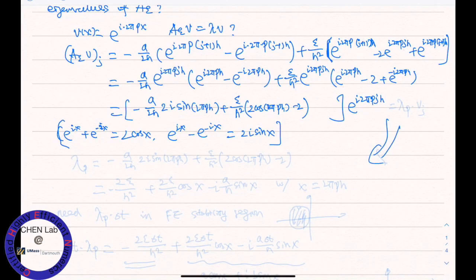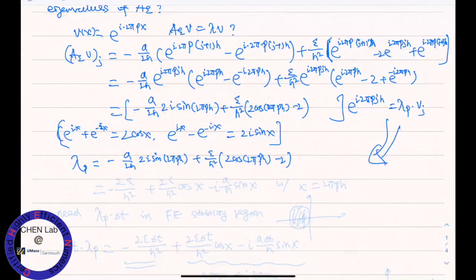So what we had above showed that this lambda p is actually equal to lambda p times v at j, all right, v at j. So lambda p is negative a over 2h times 2i sine 2 pi ph plus epsilon over h squared times 2 cosine 2 pi ph minus 2.